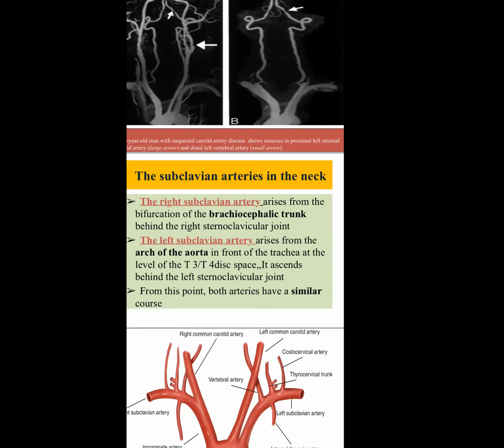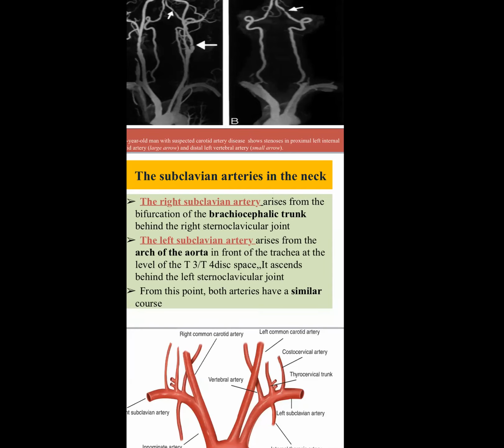The right subclavian artery arises from the bifurcation of the brachiocephalic trunk behind the right sternoclavicular joint, while the left subclavian artery arises from the arch of the aorta in front of the trachea at the level of T3, T4 disc space. It ascends behind the left sternoclavicular joint. From this point, both arteries have similar course.